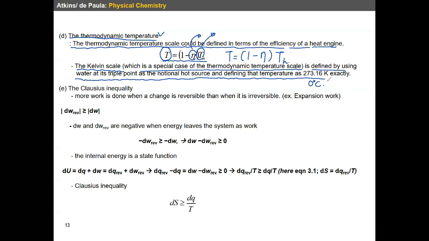So what this means is that this is a critical temperature for the change of state of water, and this can also be calculated by this thermodynamic temperature scale.